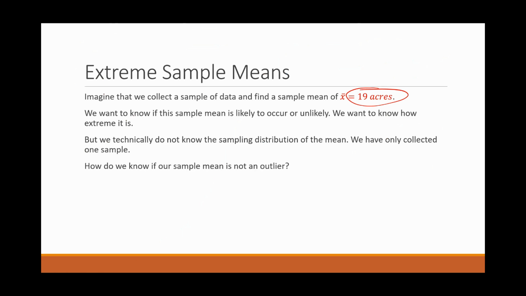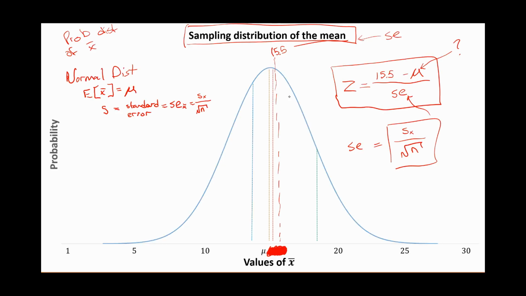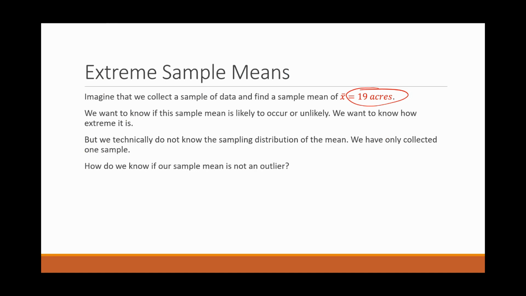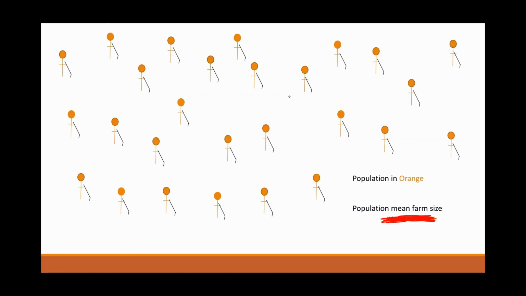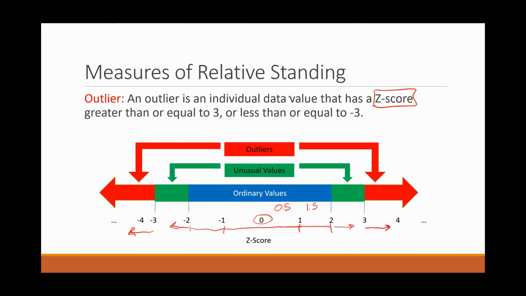But we technically don't know the sampling distribution of the mean, right? We only have one sample. So how would we know? How do we know if our sample mean is an outlier or not? Remember, we talked about how we can use z-scores to determine whether or not our specific value of a variable is an outlier, is extreme, is unlikely, or is it likely.